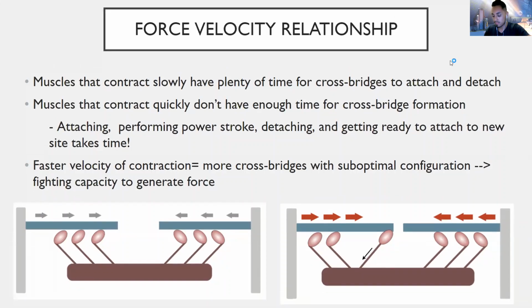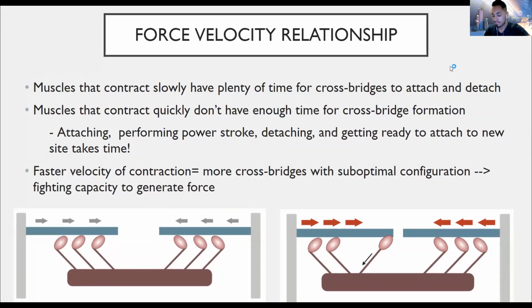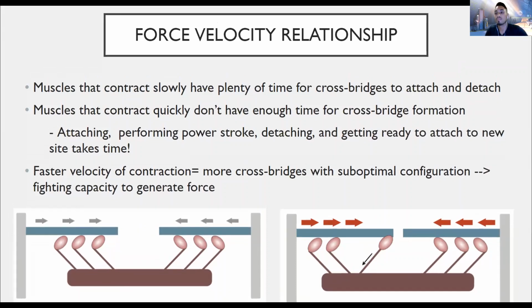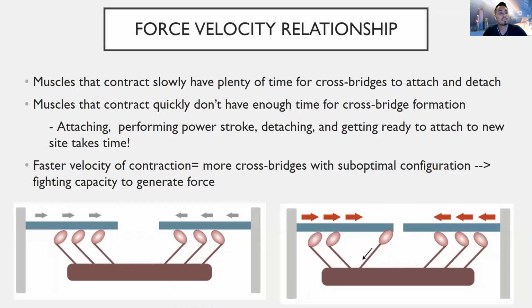So the faster the velocity of contraction, the more cross bridges with suboptimal configuration. So we're fighting the capacity to generate force at this point. As you can see from the figure to the right, and these were the figures that he used as well, the odd one out here is when you try to do it fast, it'll actually go in the other direction, right?